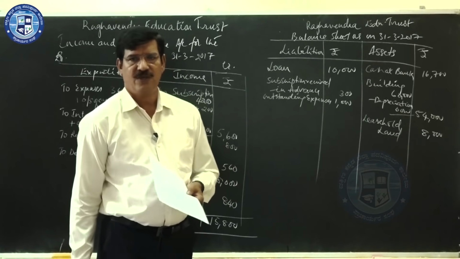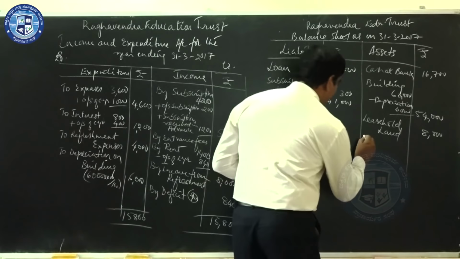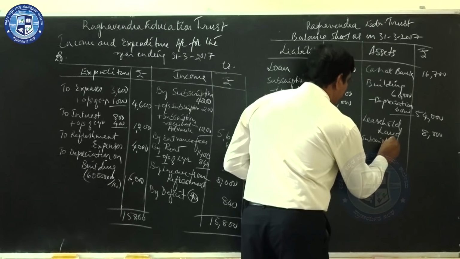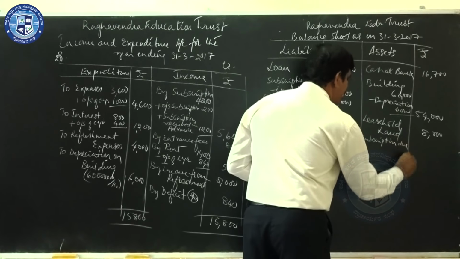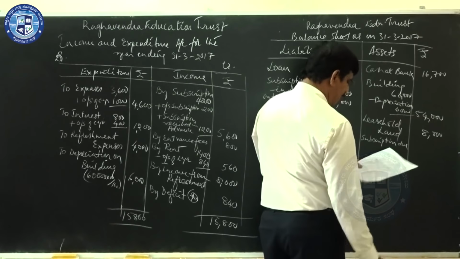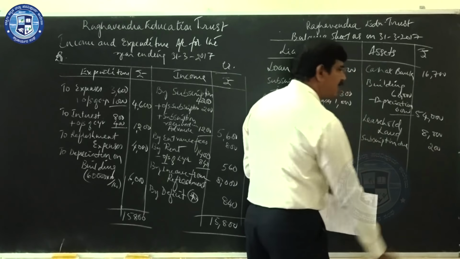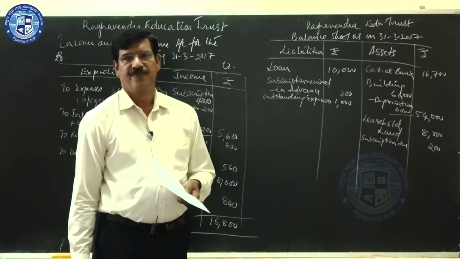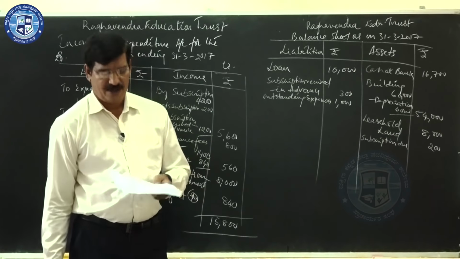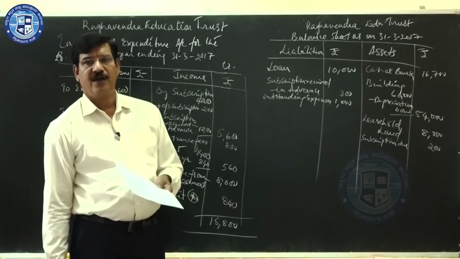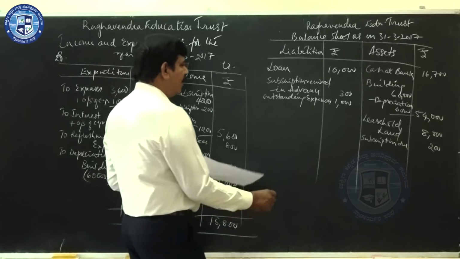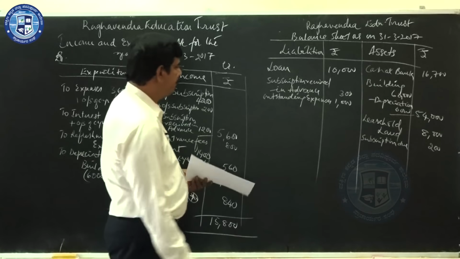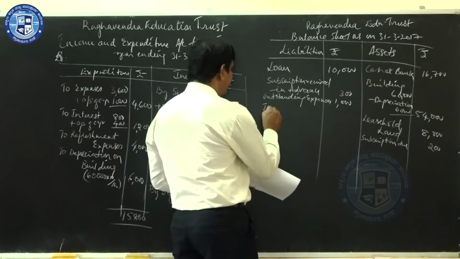Subscription due but not received, that is outstanding subscription, is 200. Then interest due but not paid, amount is 400. Interest due but not paid has to be entered on the liability side.